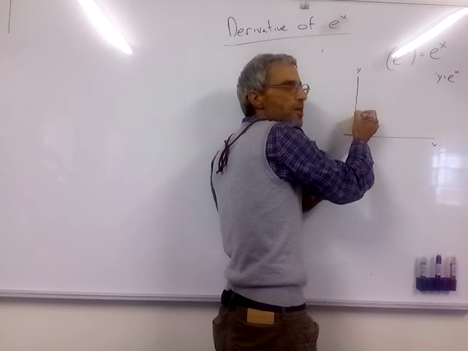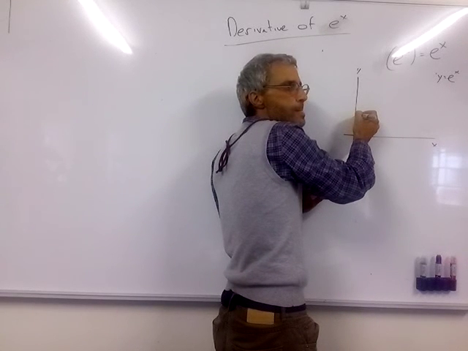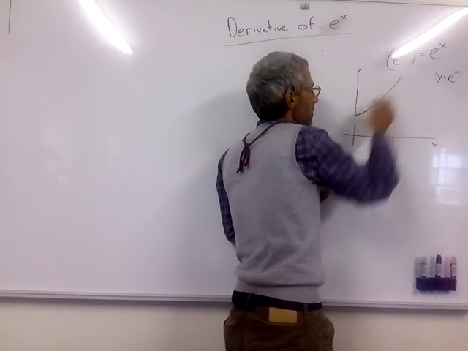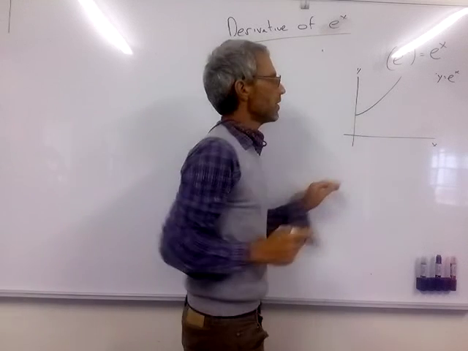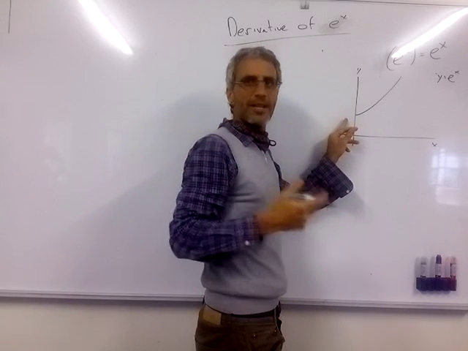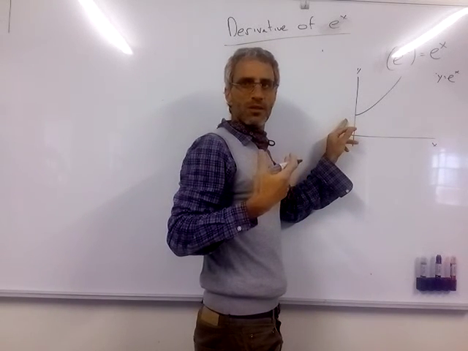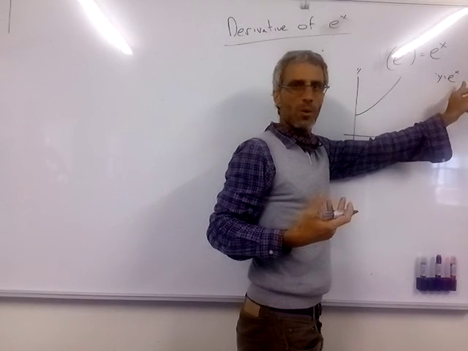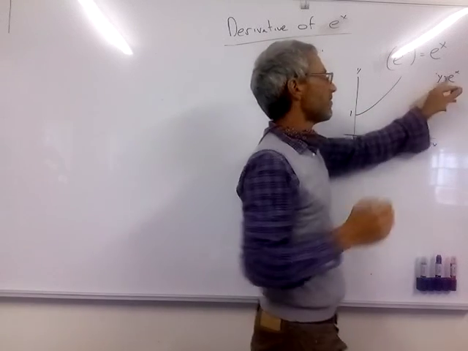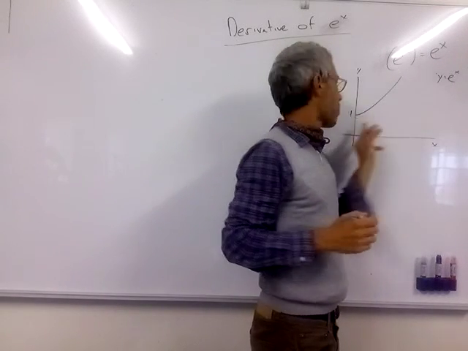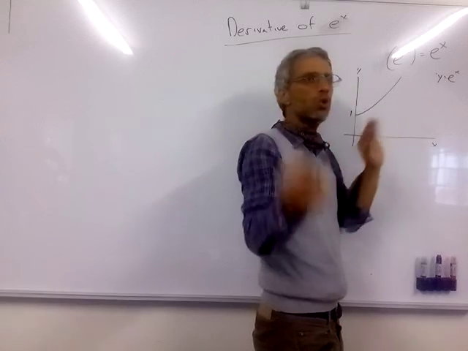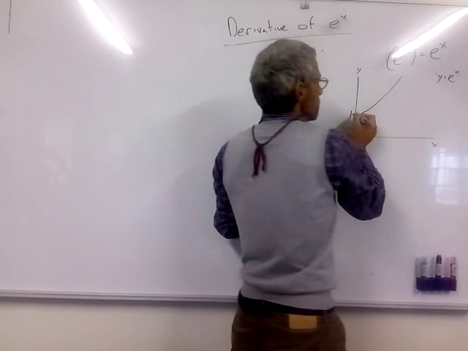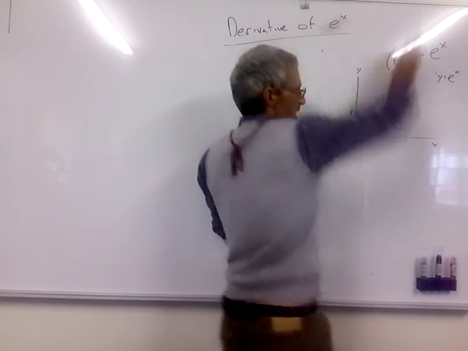What will the y-intercept be? When x is equal to naught, what is e to the power of 0? 1. All the exponentials, unless I have something in front, always start at 1. If I have 2e to the power of x, it obviously starts at 2. But if it's just something to the power of x, it's going to start at 1.